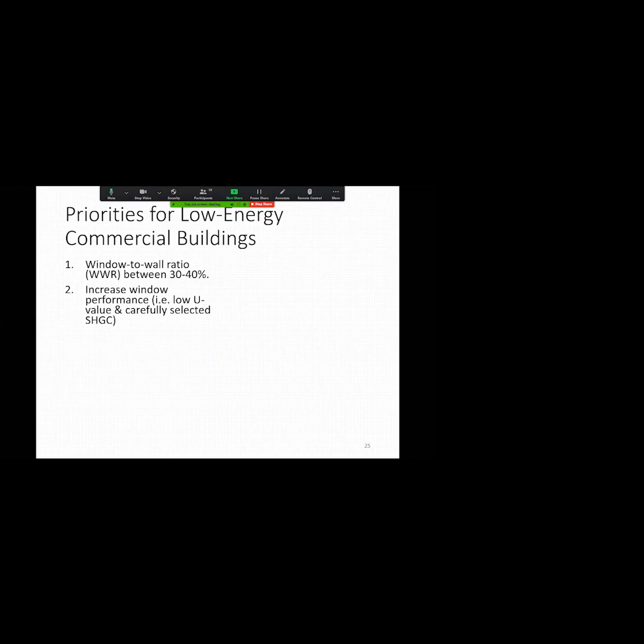So we want to increase our window performance. Low U value, so having high insulatory properties, and a carefully selected solar heat gain coefficient, which determines how much of the sun's radiation comes in. Some of you who have taken solar and stuff like that know that in the northern hemisphere the sun is lower in the sky towards the south, so you orient your panels towards the sun, right?